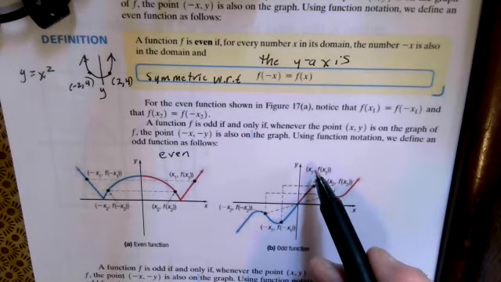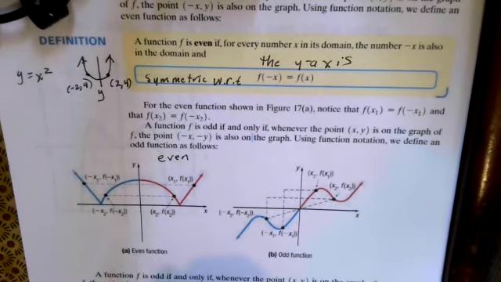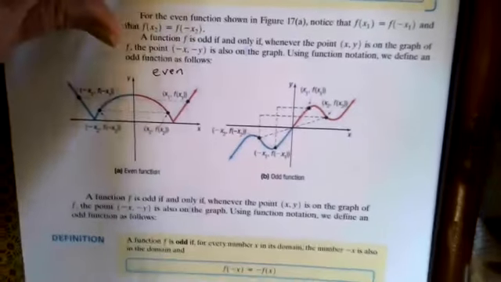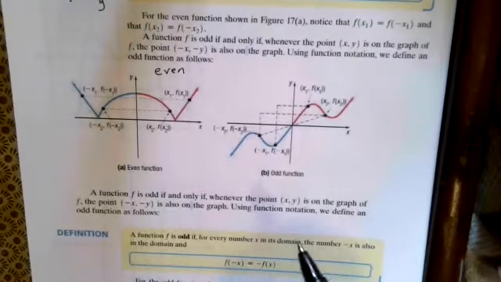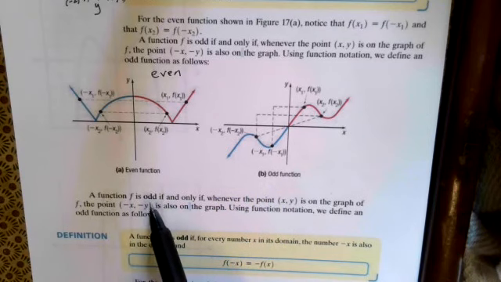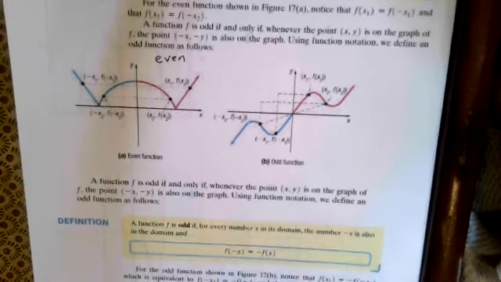And then a function is odd. So let's talk about odd. The next graph is an odd function. A function f is odd if and only if whenever the point x, y is on the graph of f, the point minus x, minus y is also on the graph. Using function notation, we define an odd function as follows.